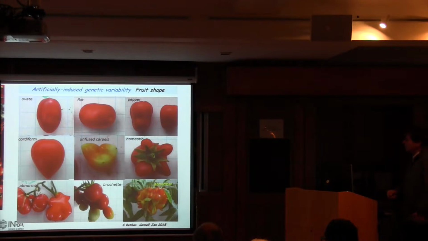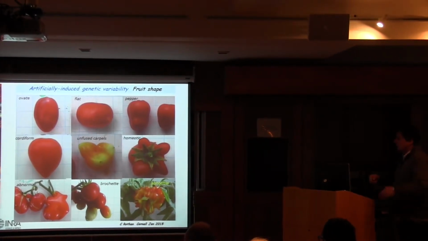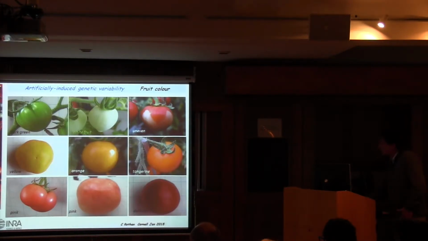So this is just to give you an idea of the diversity that you have. Actually, you have more than 35,000 different annotations, phenotypic alterations that were annotated. So you can have a large diversity that you find in natural resources, in the food chain, with very strange looking fruits.